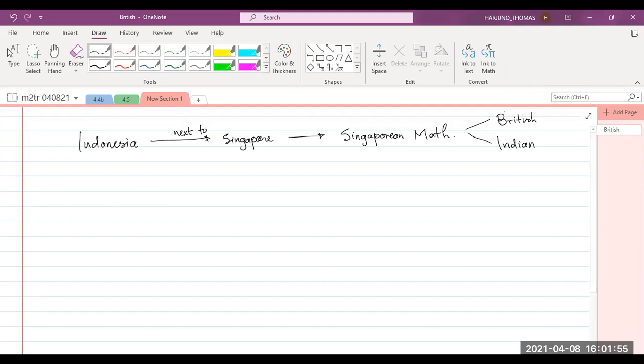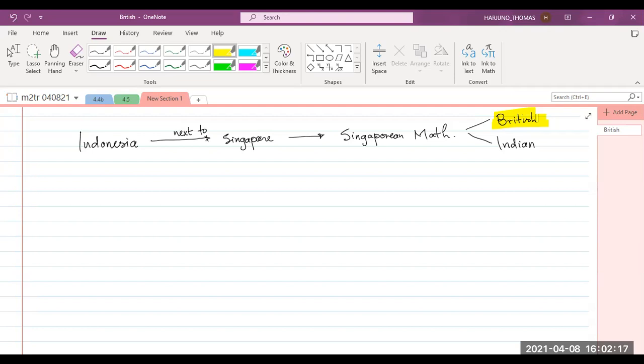The orientation of Singaporean math actually comes from England. They were under British colonization for many years. But before that math influence came to Singapore from England, it actually went through India first.